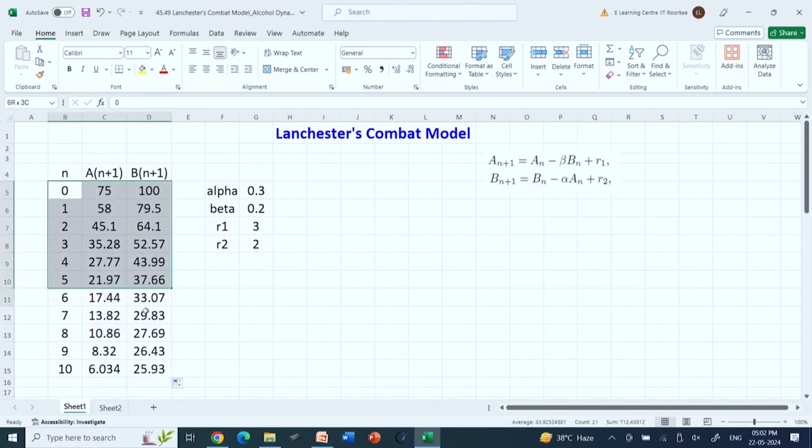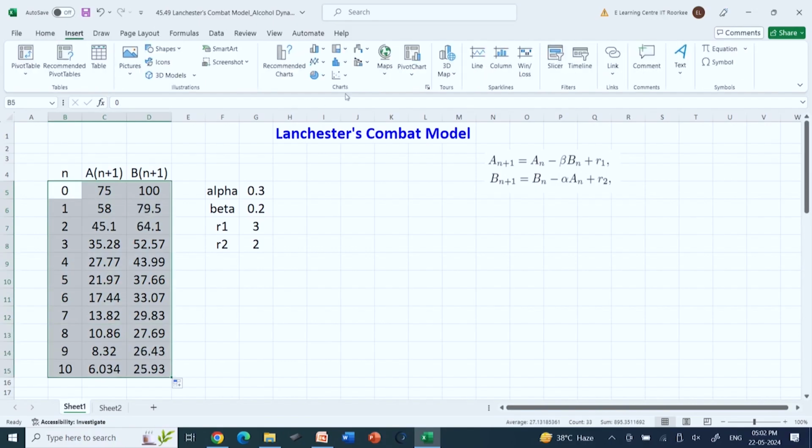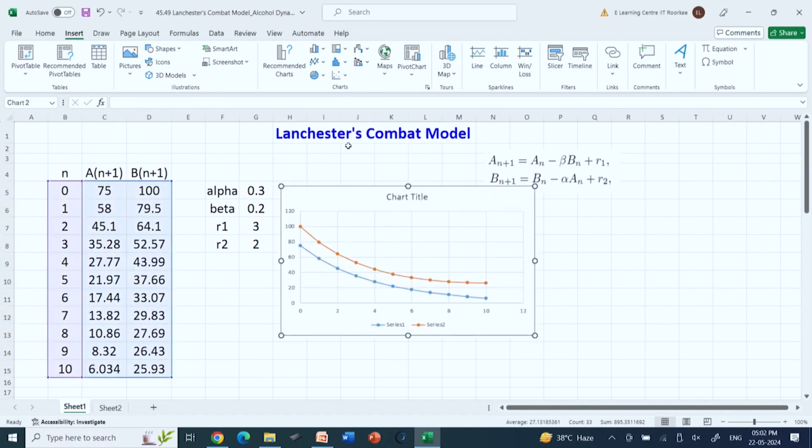So, if I want the graph of this, I will highlight them, go to insert, go to the chart and get the value.